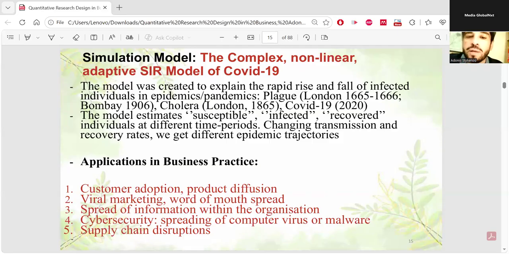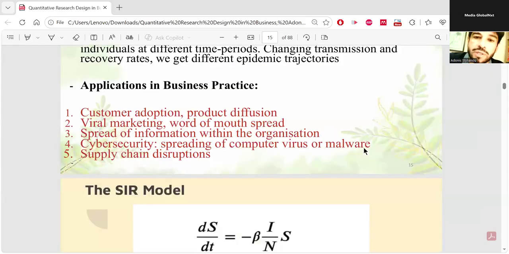And people in business research realized that we can use this model exactly because it has been particularly effective during the pandemic. The applications, as you can see here, are various, although at its infancy at the moment. Customer adoption, product diffusion, viral marketing, spreading of information, spreading of computer viruses within the business, supply chain disruptions, etc.